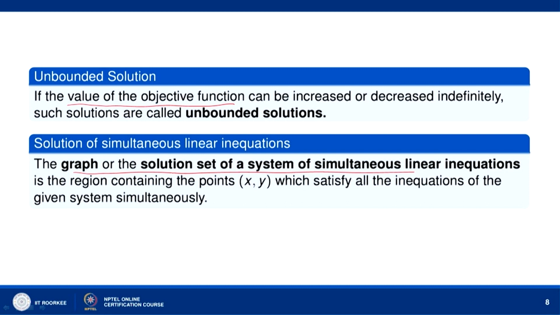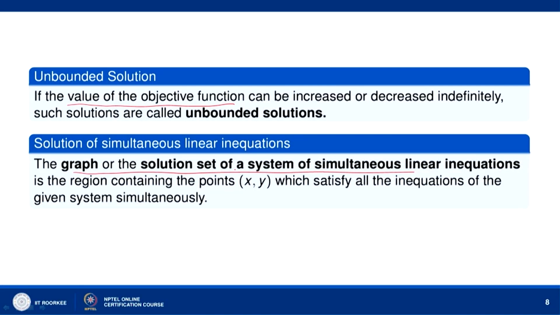The set of values x1, x2, ..., xn which satisfy the inequations will determine this solution set, and that will be the graph, which satisfies all the inequations of the given system simultaneously.